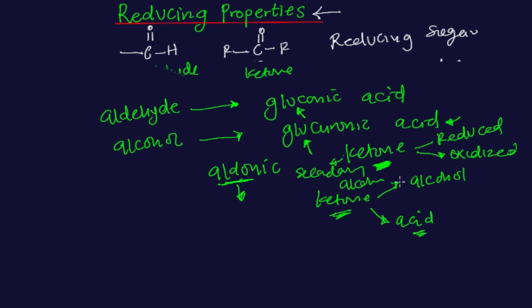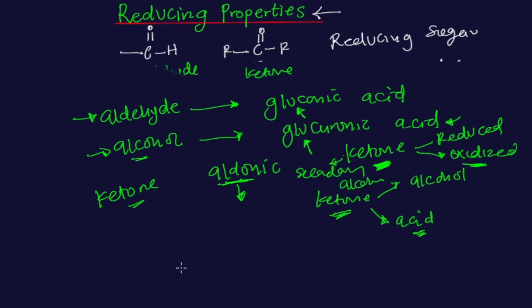That's what we know. So whenever you are talking about reducing property, you are talking about aldehyde and also terminal alcohol. One thing I want you to get is that there is terminal alcohol in the structure of monosaccharide that contains an aldehyde functional group, and at the same time there is terminal alcohol in monosaccharide that contains a ketone functional group as well. I'm going to explain everything one by one now.